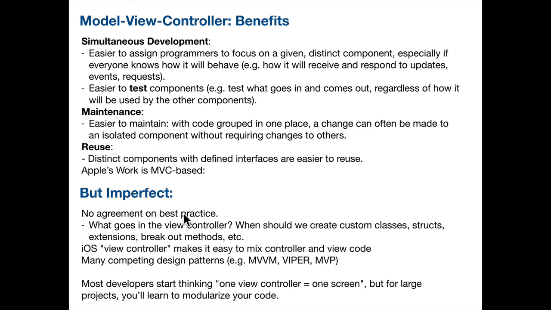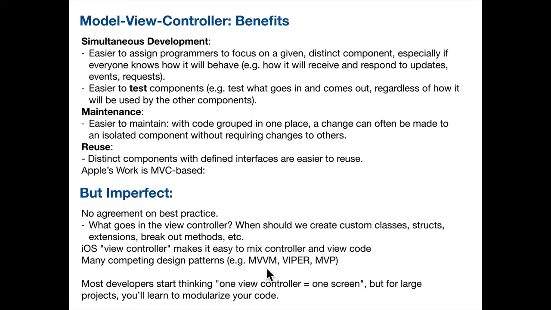Now, it's not perfect. There's not necessarily an agreement on the best way to implement MVC inside of iOS. You'll see lots of developers do things that are slightly different. Also, iOS has a thing called a view controller, which really is the controller, but it makes it easier to mix lots of components together. There are also competing design patterns. Apple actually uses MVC internally, so this is the structure that Apple uses.